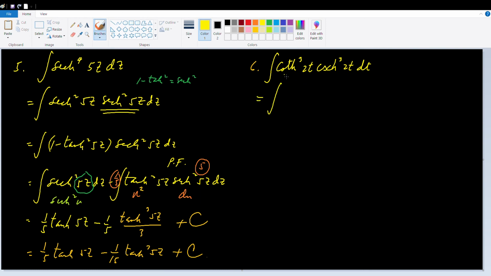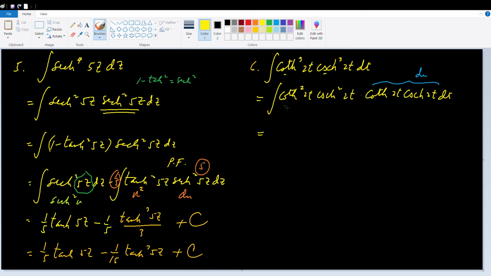We shall factor out cotangent and cosecant: hyperbolic cotangent squared 2t, hyperbolic cosecant squared 2t, times hyperbolic cotangent 2t, hyperbolic cosecant 2t dt. We preserve this for our du. This is the derivative of hyperbolic cosecant, except that it should be negative. So everything here must be written in terms of cosecant.